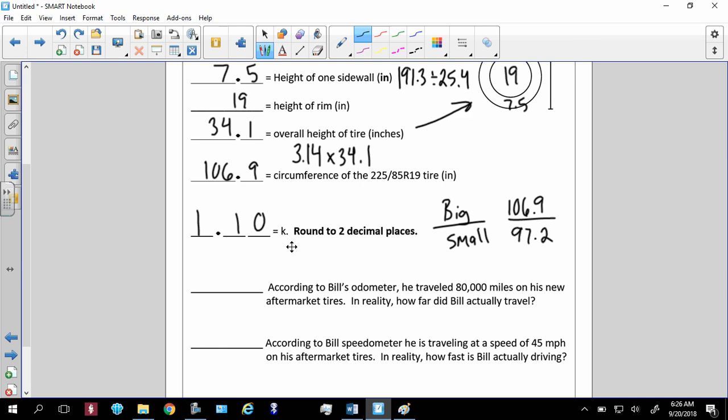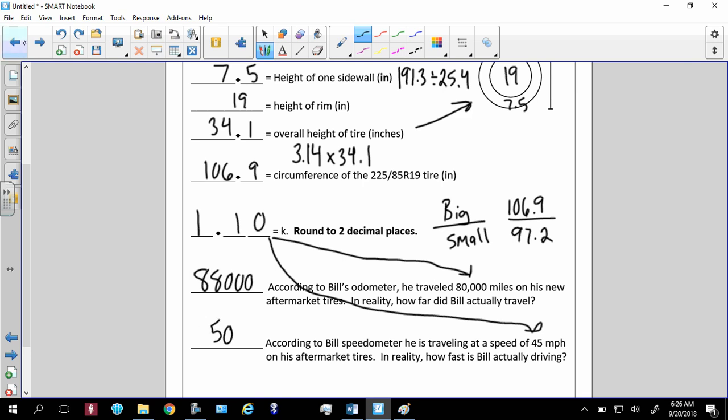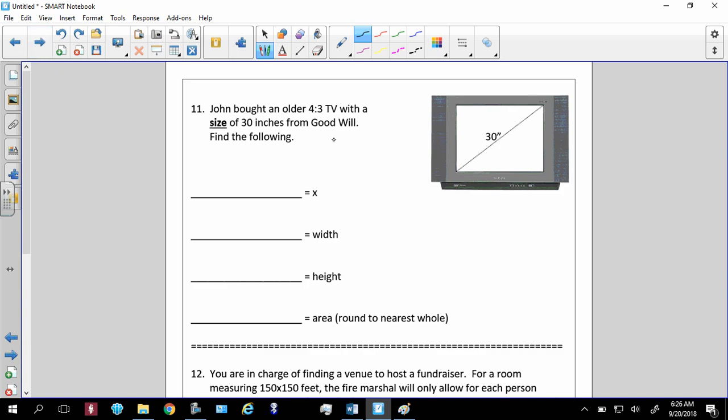Now at this point, once you find K, everything else is simple multiplication. Take K, multiply by 80,000. Take K, multiply by 35 or 45, and you get 88,000, and then you get 50. There you go. John bought an older 4.3.